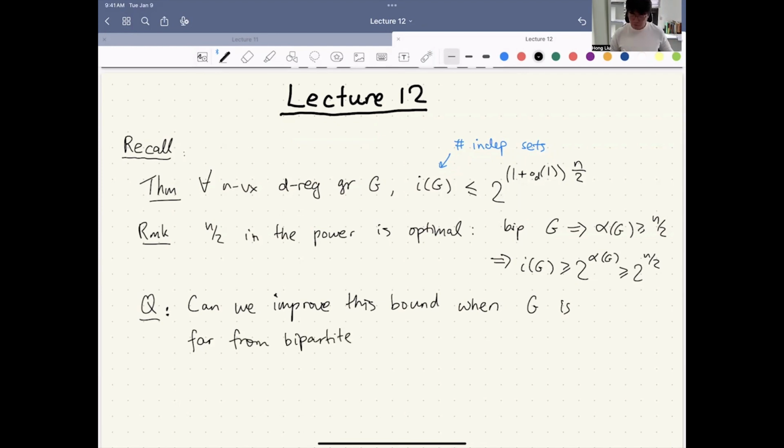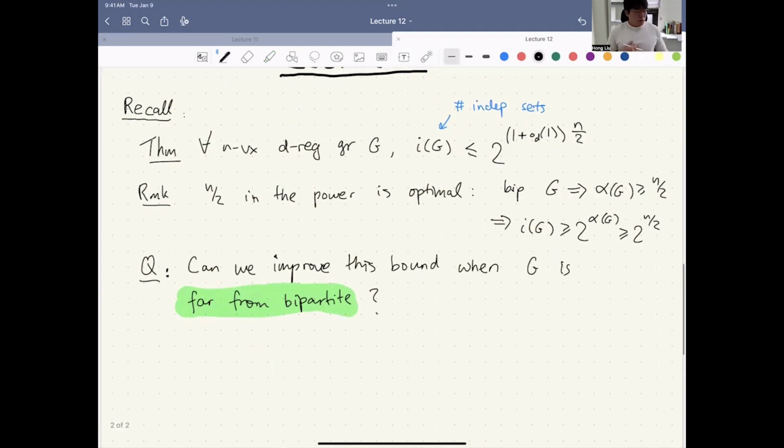Of course, we have to make this far from bipartite rigorous. What do we mean by far from bipartite? Here, we're going to present the results which answer this question in the positive, and how we measure that a graph is far from bipartite is through the eigenvalues of a graph.